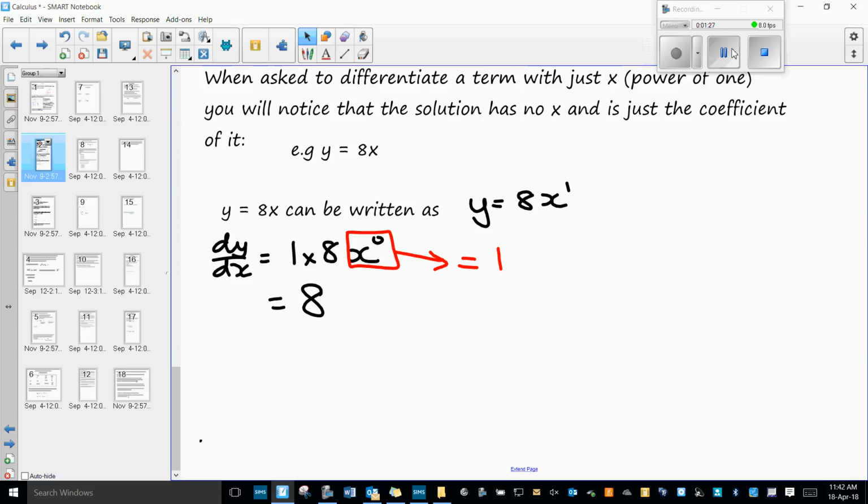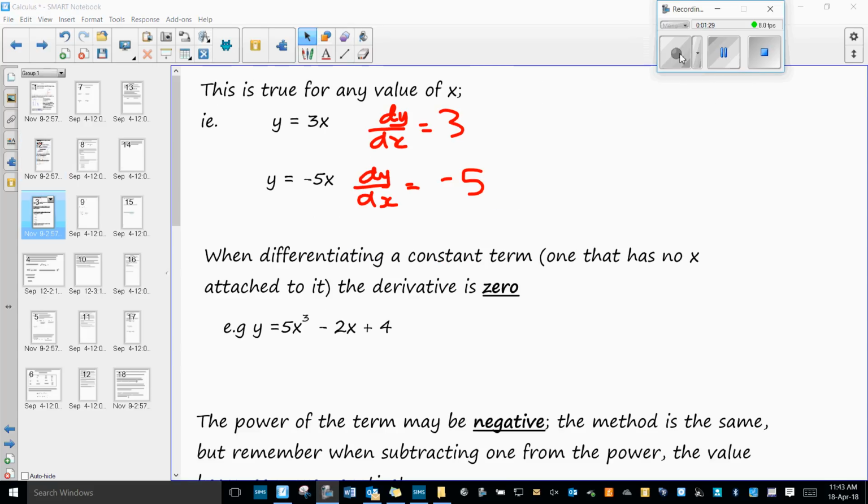All right, so when we're differentiating a constant term, remember a constant term means it has no x attached to it. In this case, the constant term would be this plus 4. The derivative of a constant term is 0. So in other words, it disappears completely. So if I were to differentiate this expression here, so we've got dy dx. What would the first term be?